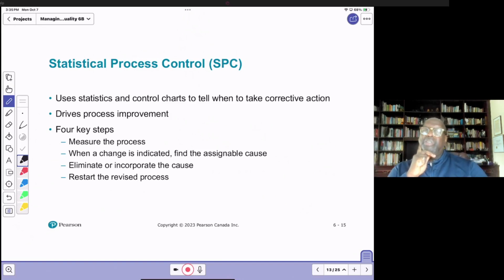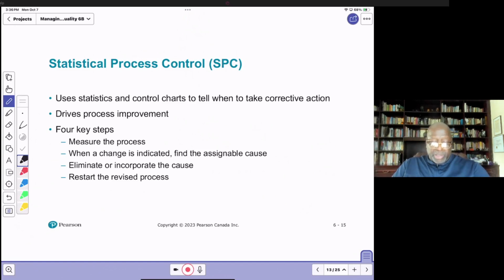But sometimes we're interested in something like the number of defects per unit, for example. So if we were to open up a page, how many typos are there on that page? In that case, we can use statistical process control, but the distribution that we're focusing on is actually called a Poisson distribution. All right?